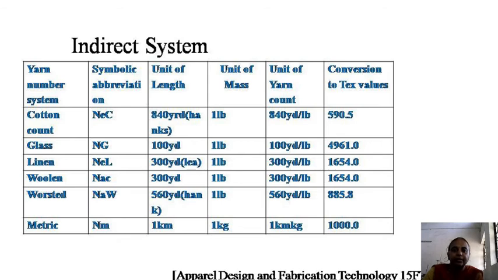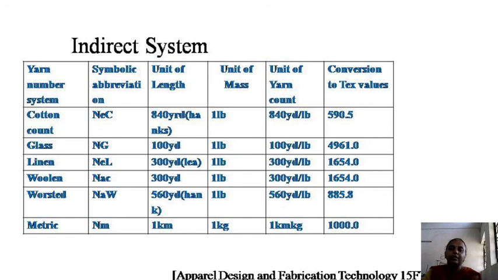Next is the woolen NeC: unit of length 300 yards, unit of mass 1 lb, and unit of yarn count 300 yards divided by 1 pound, conversion factor same, that is 1654.0. For the worsted Nw, 560 yards hank, unit of mass is 1 pound.